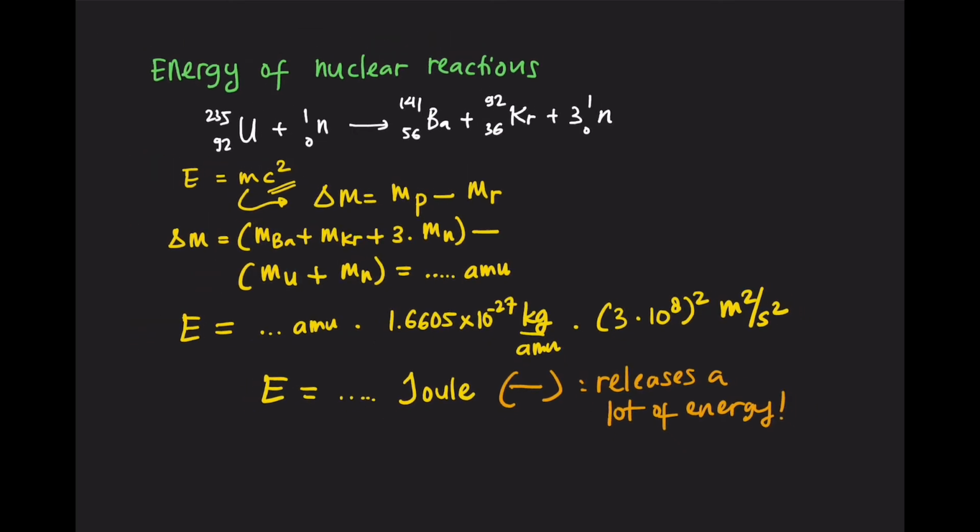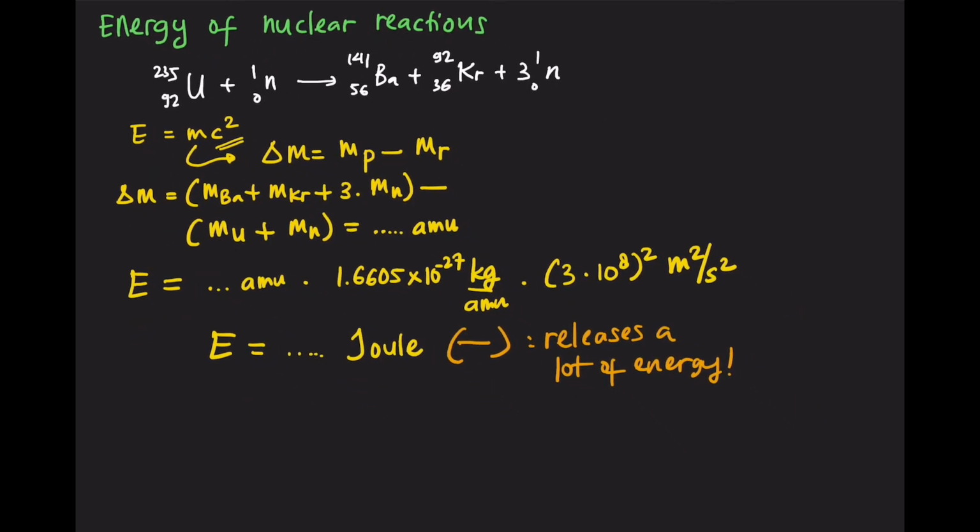In some cases, they ask you the energy per mole of the uranium. Now, note that the energy that you calculate here is actually the energy per uranium particle. So for each uranium particle that undergoes fission reaction, this is the energy that it would release.